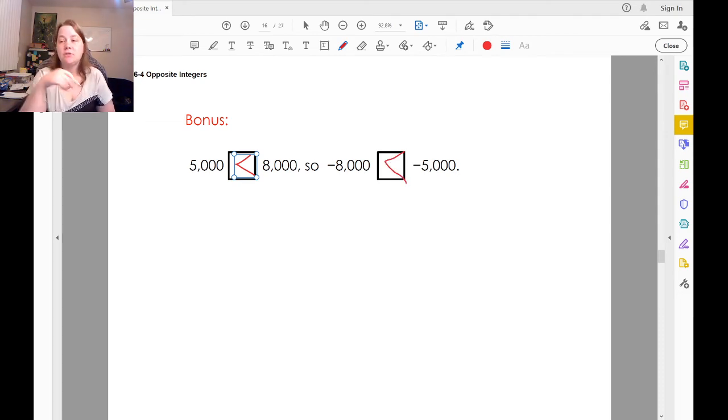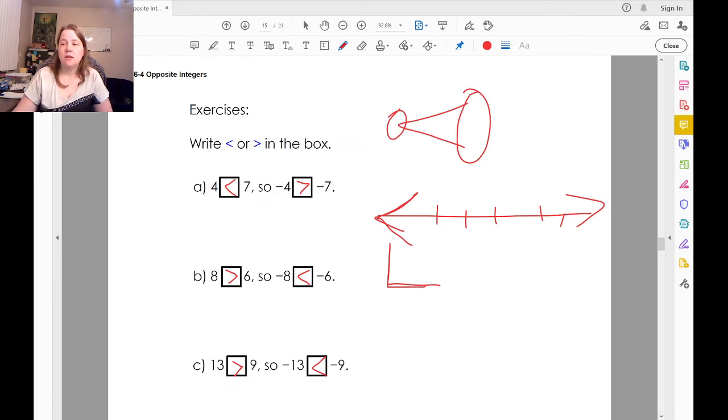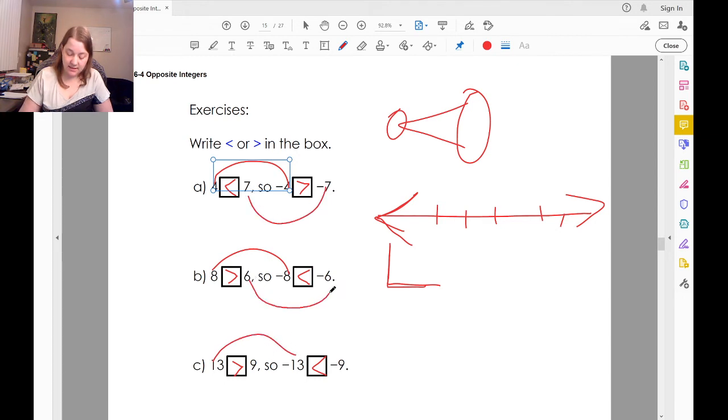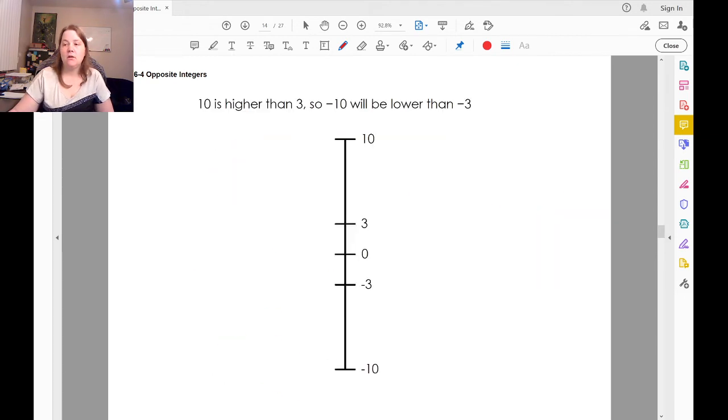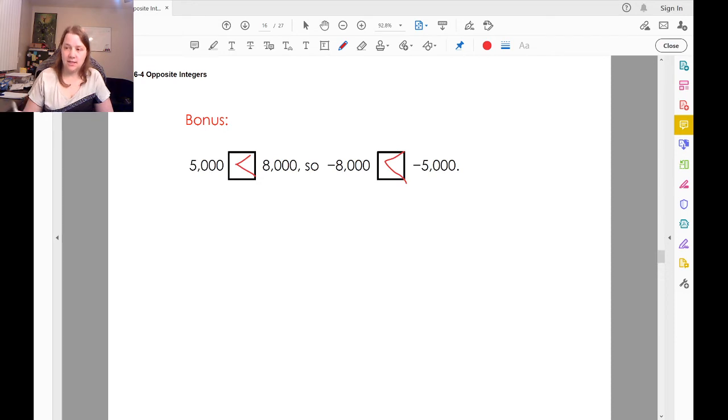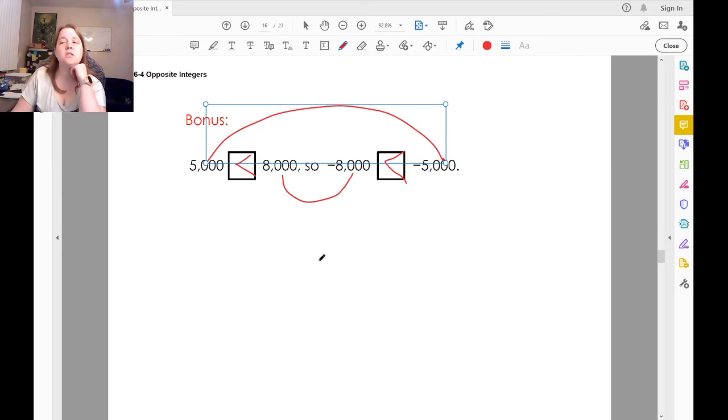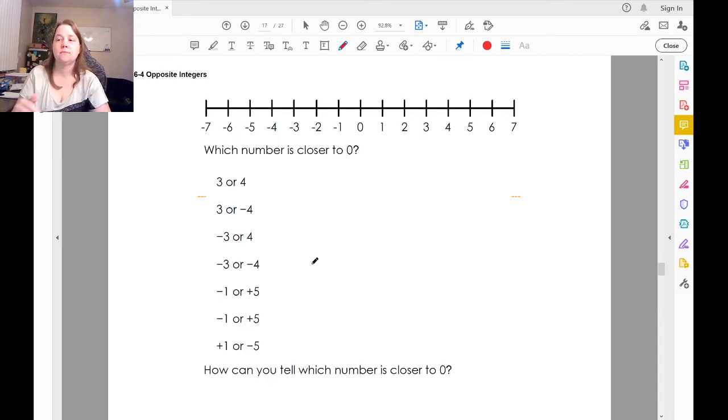Because if you look back here, they kept the orders the same. 4 came first. The second number came second. Over here, they changed things up by putting the first number last and the second number first. So that one, the sign won't change because of the way they place the numbers.